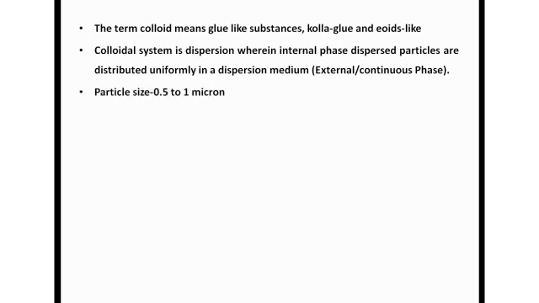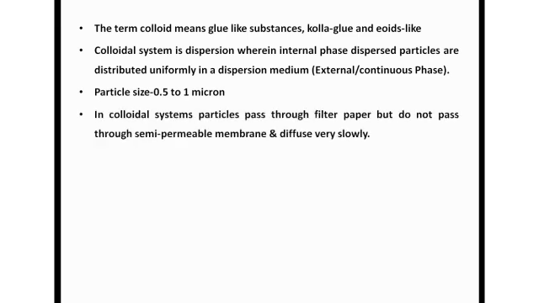The next thing you should know is the particle size. The particle size in the colloidal system ranges from 0.5 to 1 micron. I repeat, the particle size of the colloidal system varies from 0.5 to 1 micron. Colloidal particles generally pass through filter paper.